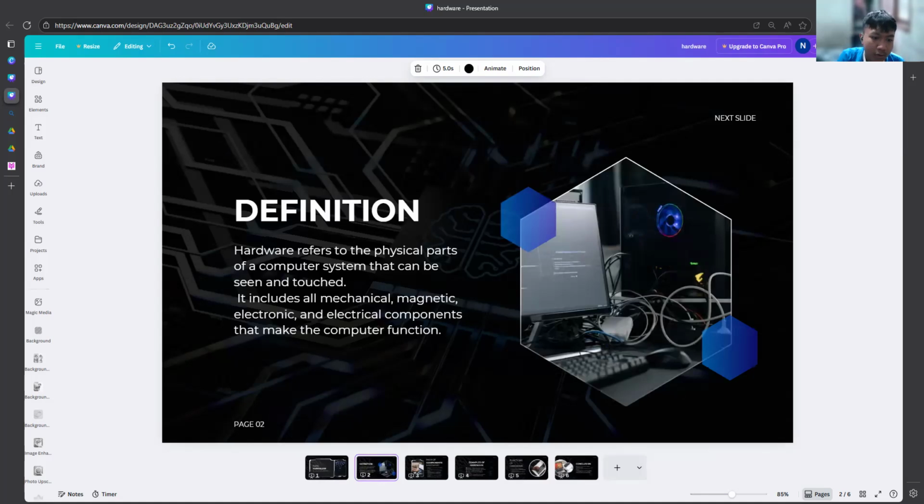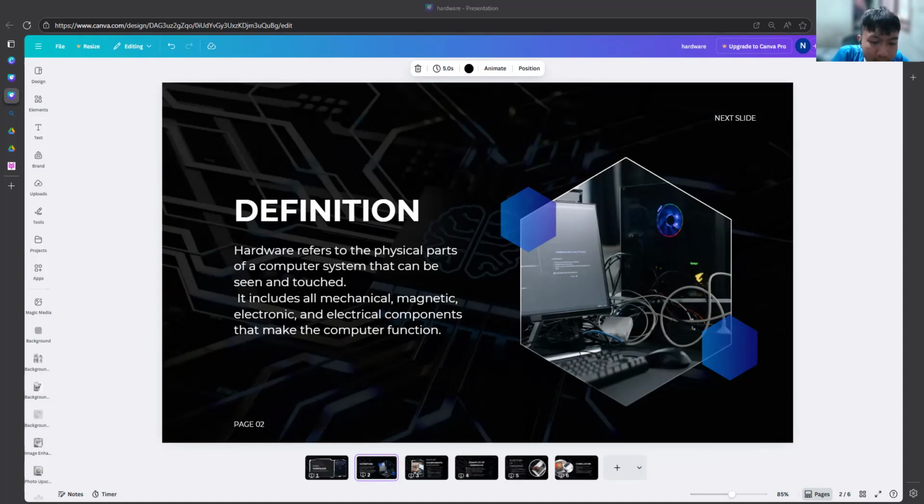Definition of hardware. First, what is hardware? Hardware refers to the physical part of computer, the things we can see and touch, like monitor and keyboard or mouse or RAM.